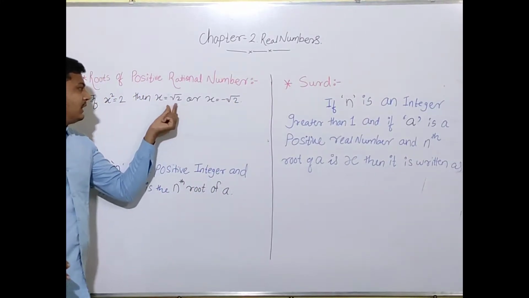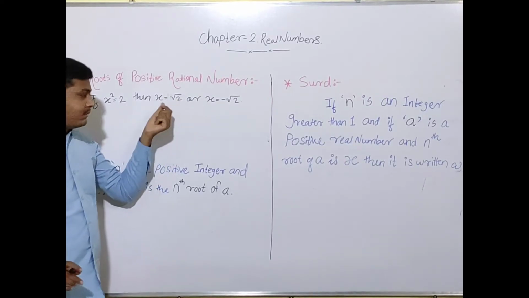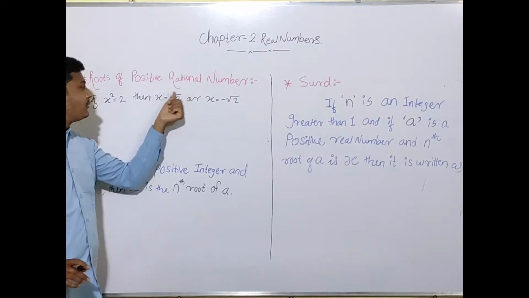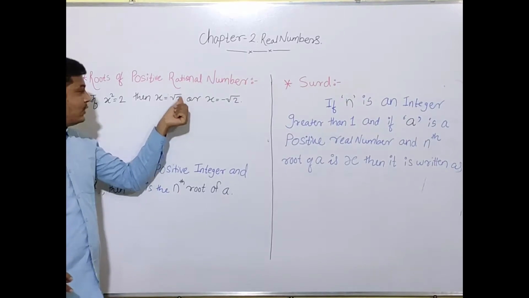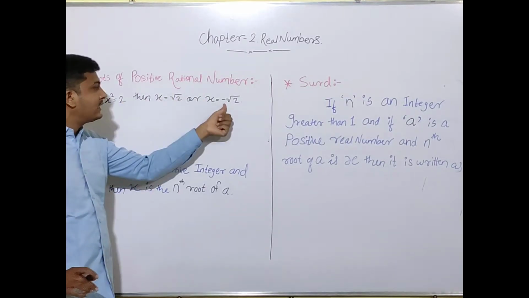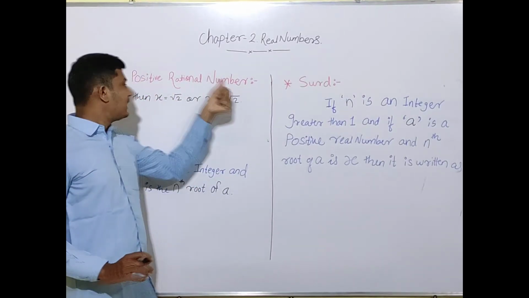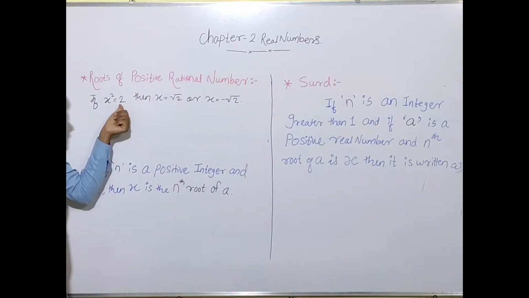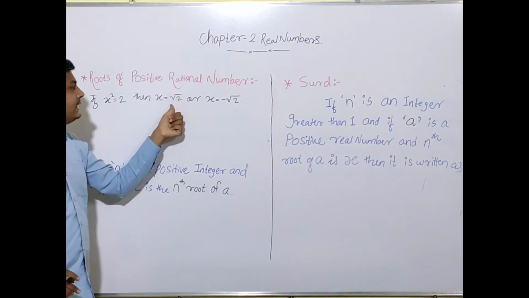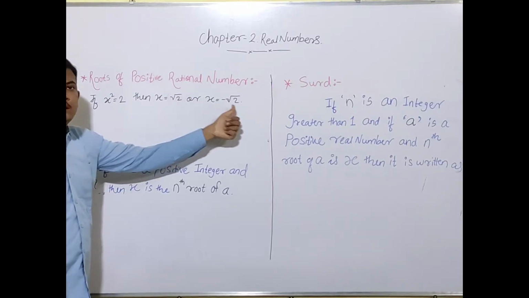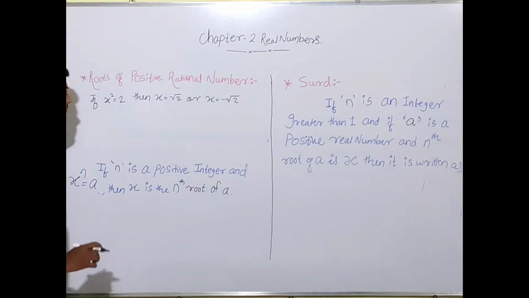Here we get two values of x, because if we take the square of root of 2, we get plus 2, and if we take the square of minus root of 2, again we get plus 2. So the possible values of x are plus root 2 and minus root 2.